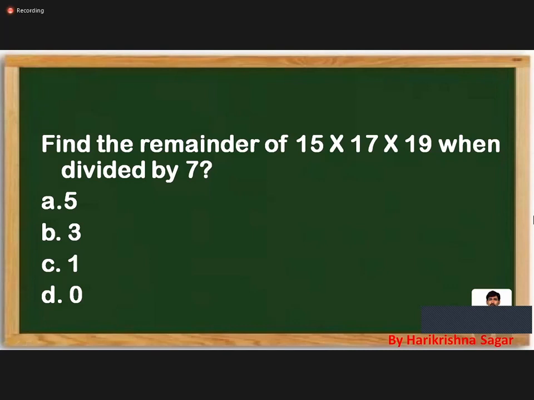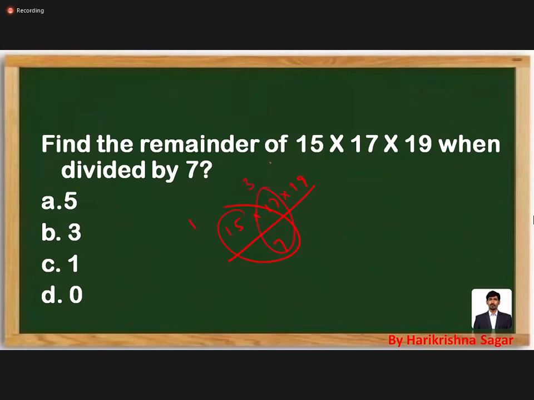So very simple, we can just look at what is a possible value here. So it is 15 into 17 into 19 divided by 7. You can go with the individual remainders. 15 by 7, 7 twos are 14, leftover remainder is 1.